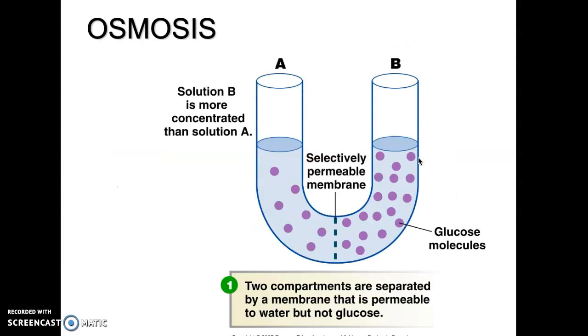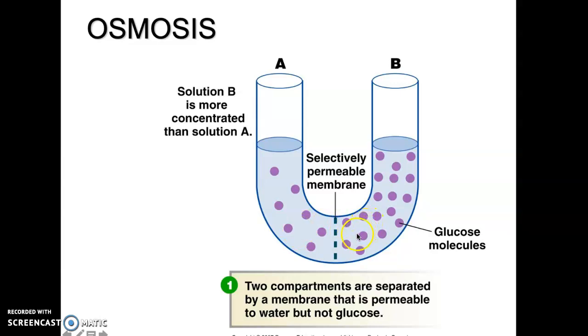The easiest way to think of osmosis is in a U-tube like this, where you have region A and region B, and you have a membrane and water and a solute, in this case glucose. This membrane does not allow these glucose molecules to cross, but we need equilibrium.